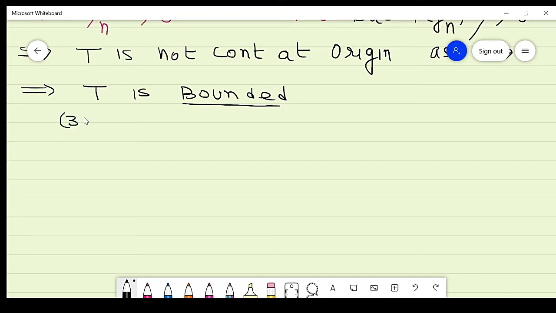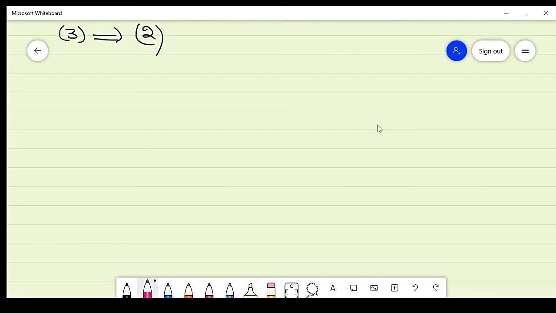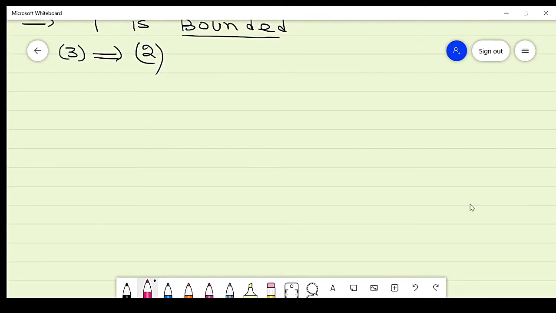Now 3 implies the second part. Third implies 2. What is third? T is bounded, and our purpose is to prove it is continuous at origin. Third is given, and our purpose is to prove T is continuous at origin.